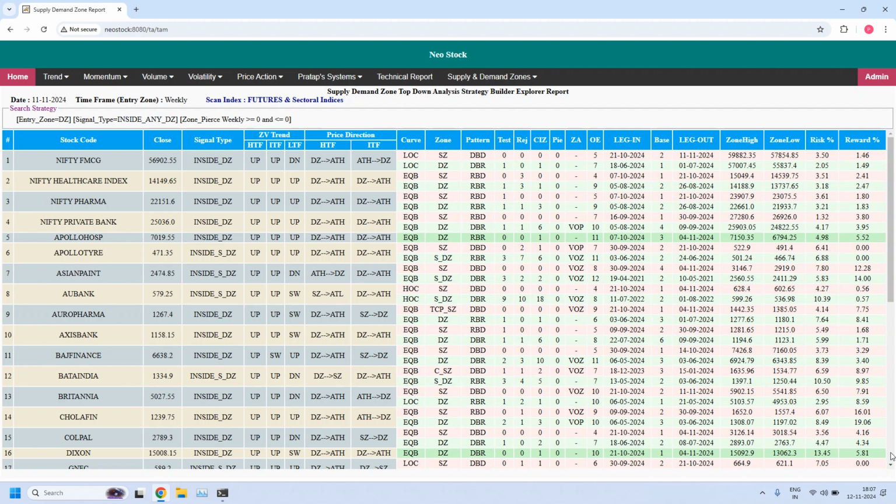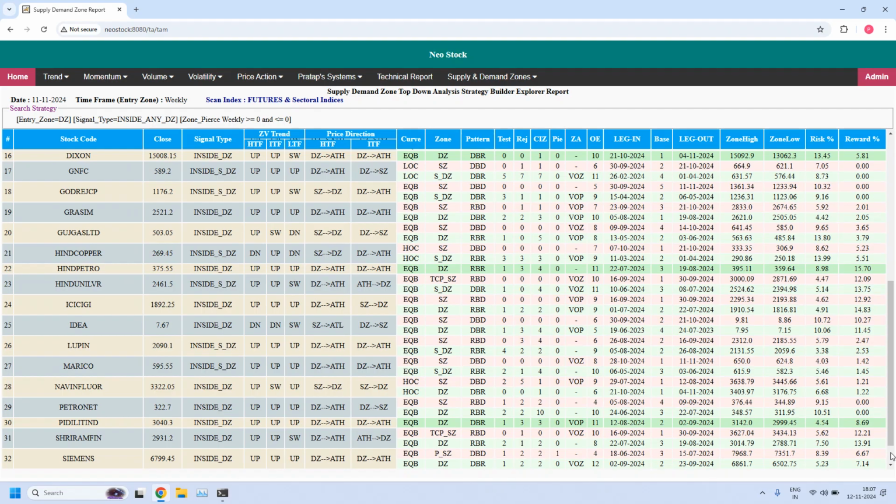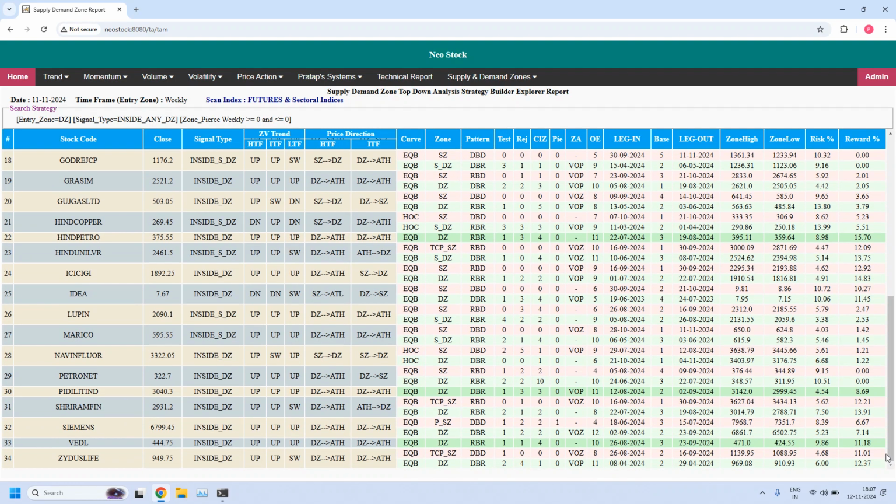I am scrolling the list down, and 32 stocks, and maybe 1 or 2 stocks might be there below. 16 to 32. Again I am scrolling the list down. So total 34 stocks are filtered.